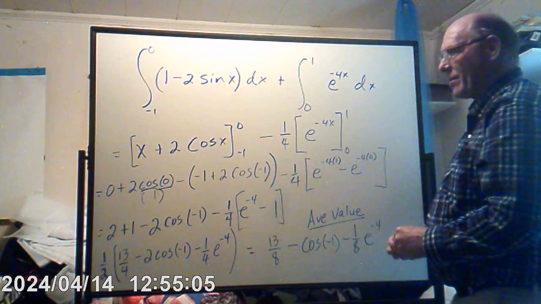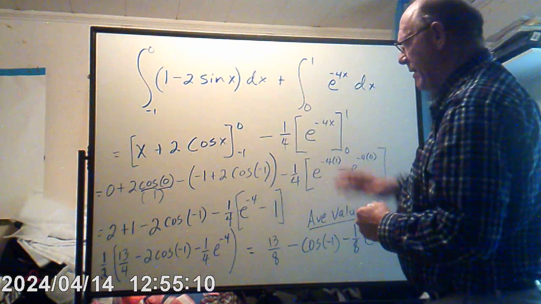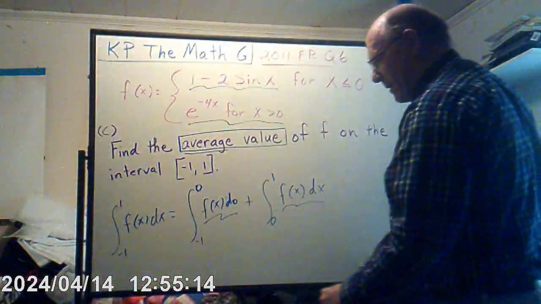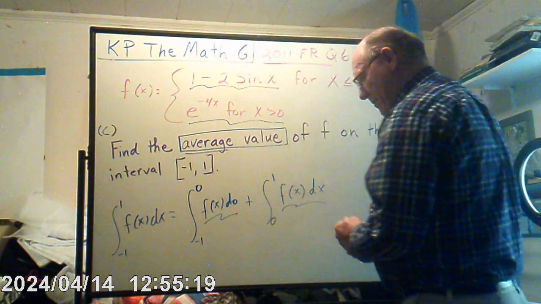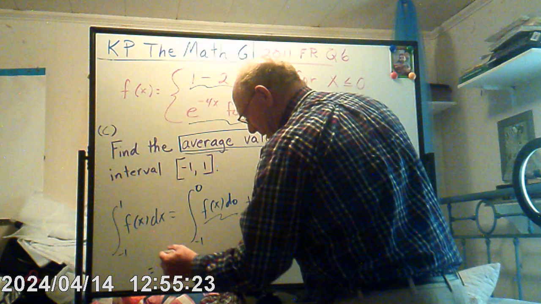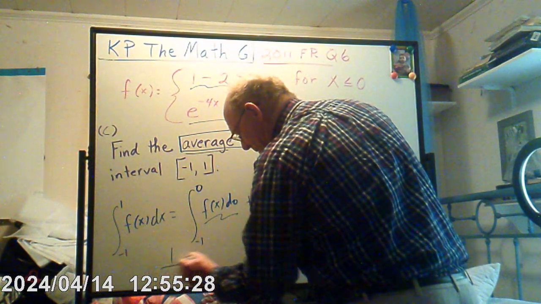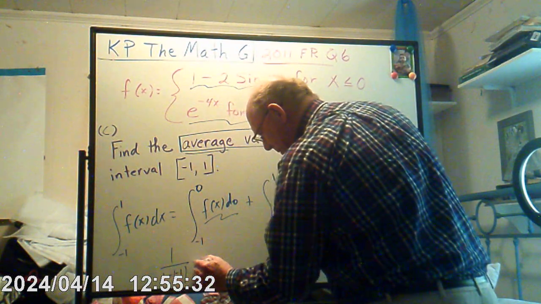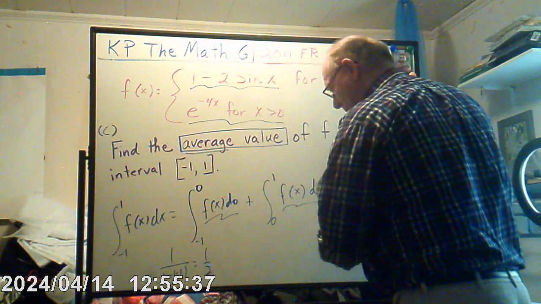Now remember, on average value, you had to remember we integrated. If we look back at this again, we integrated from -1 to 1, and so you got to remember that when you average that now, that's going to be 1 over 1 minus -1, which I already showed before to be 1 over 2, and then that's going to be times all this, okay?